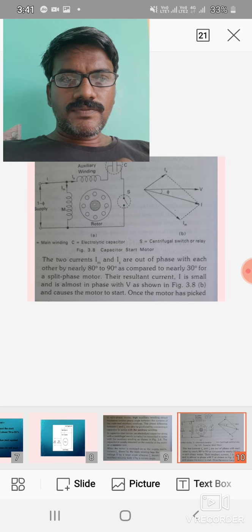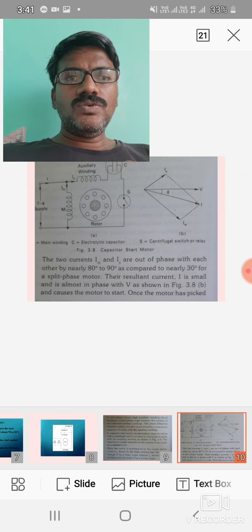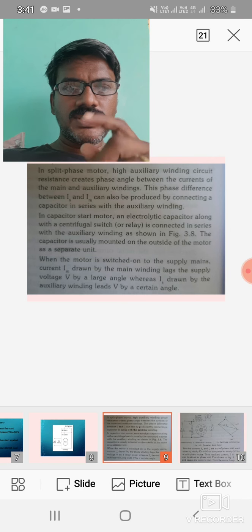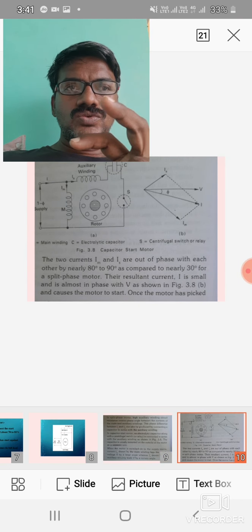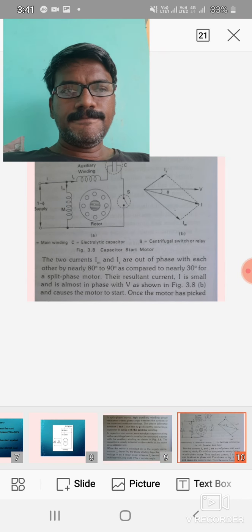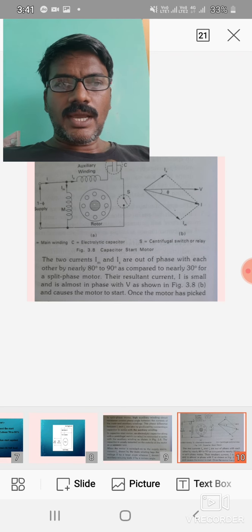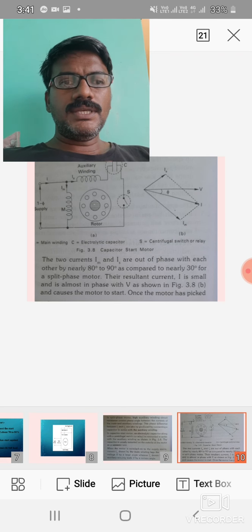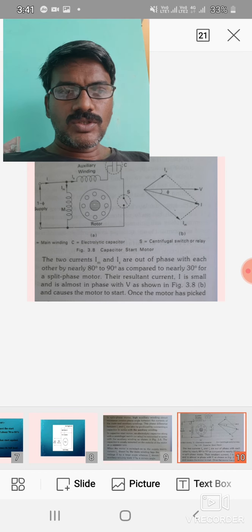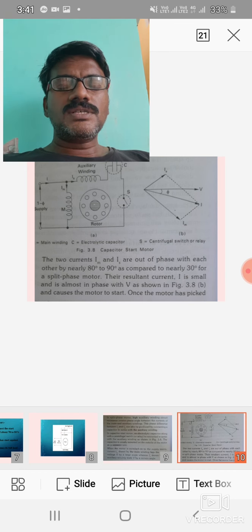Because of that, we can achieve nearly 80 to 90 degrees phase shift between the two vectors. The two currents Im and Is are out of phase with each other by nearly 80 to 90 degrees, as compared to nearly 30 degrees for the split phase motor.